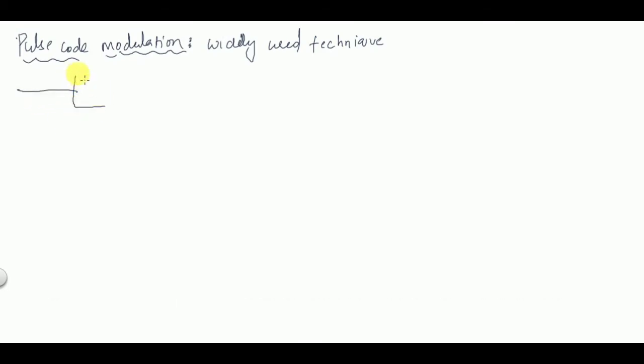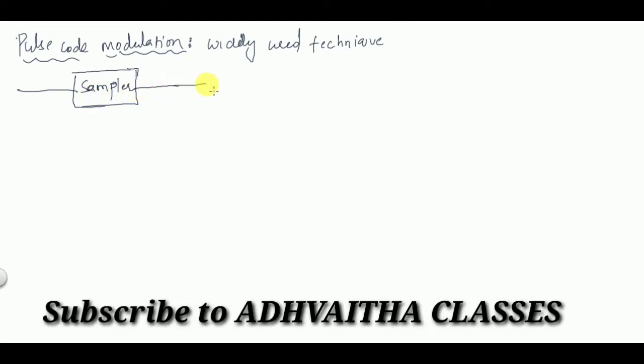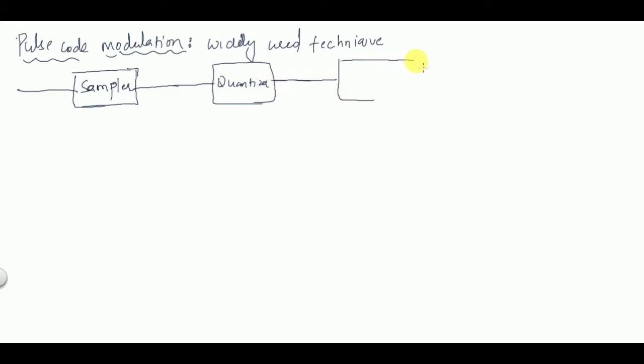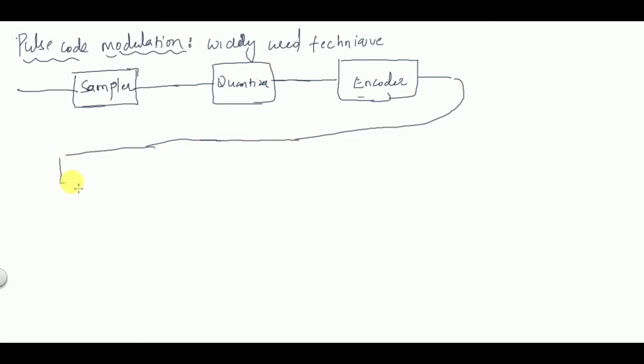The first element of pulse code modulation is the sampler, and the output of the sampler is given to the quantizer, and the output of the quantizer is given to the encoder. Through the encoder it is transmitted through the channel.